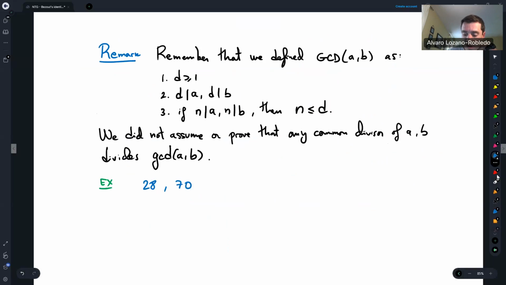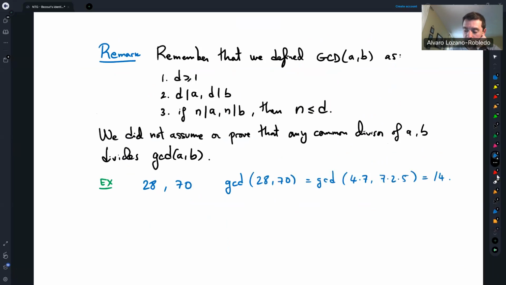Okay, then the GCD of 28 and 70, because 28 is 4 times 7, and 70 is 7 times 2 times 5, the GCD is going to be 14, right?